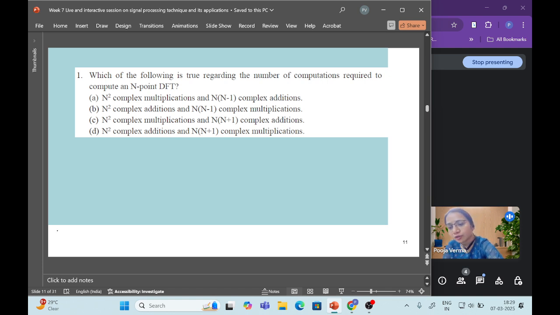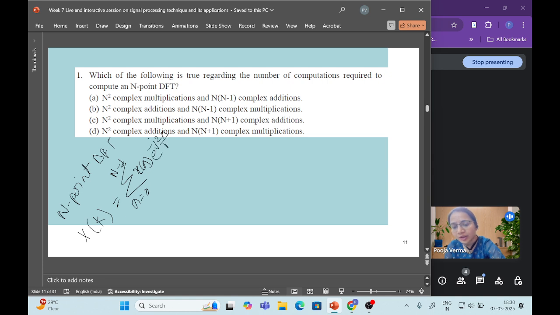So how? As we know, the N-point DFT can be calculated by this equation: X of k equals the sum over n from 0 to N minus 1 of x of n times e to the power minus j 2 pi by N k n.